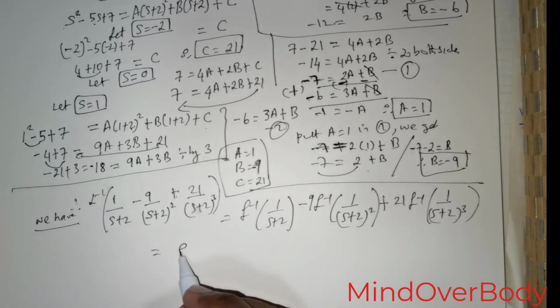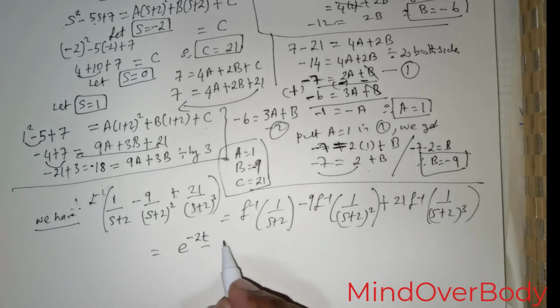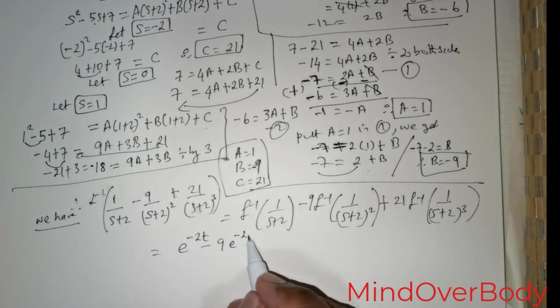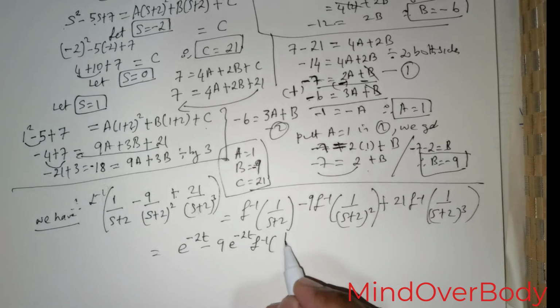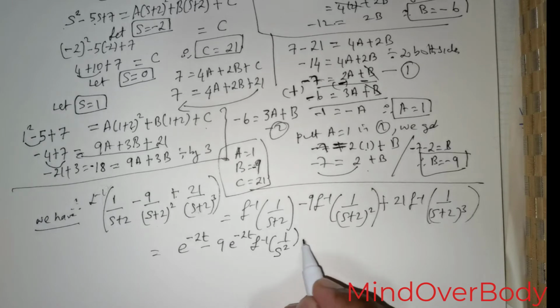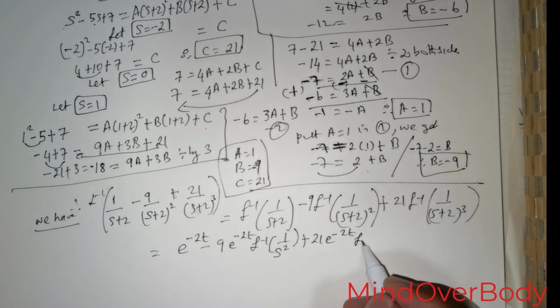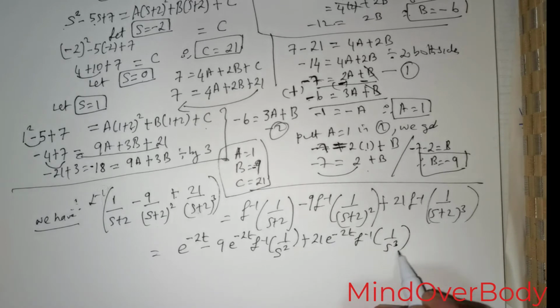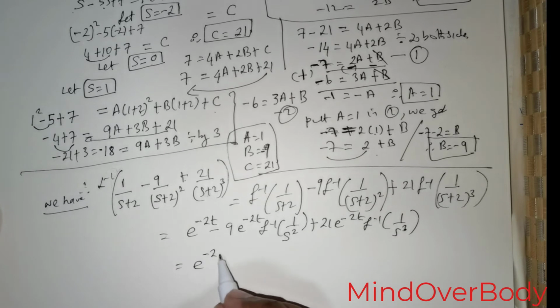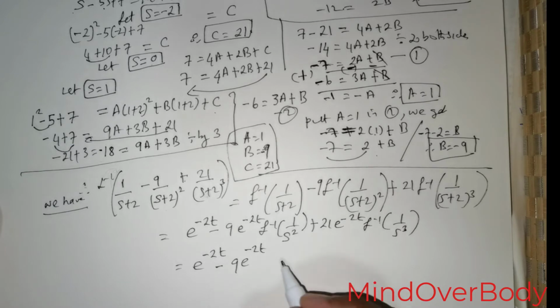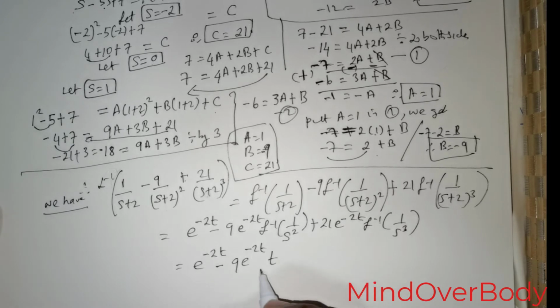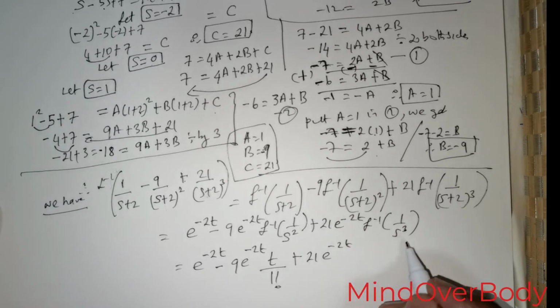Now this is going to be e raised to the power of negative 2 times t, negative 9 times e raised to the power of negative 2 times t, L inverse of 1 over S squared, positive 21 e raised to the power of negative 2 times t, L inverse of 1 over S to the power of 3. This is rewritten as e raised to the power of negative 2t, negative 9 times e raised to the power of negative 2t times t divided by 1 factorial plus 21 e raised to the power of negative 2t times t squared divided by 2 factorial.